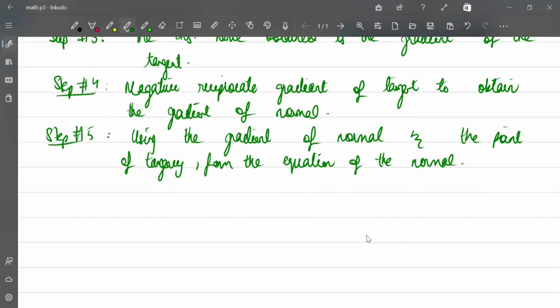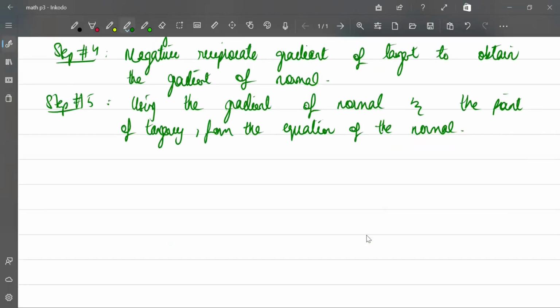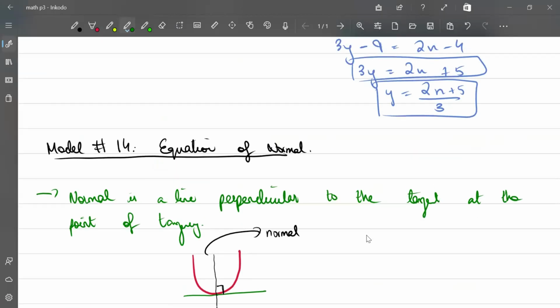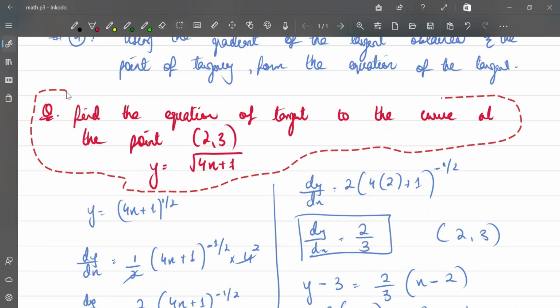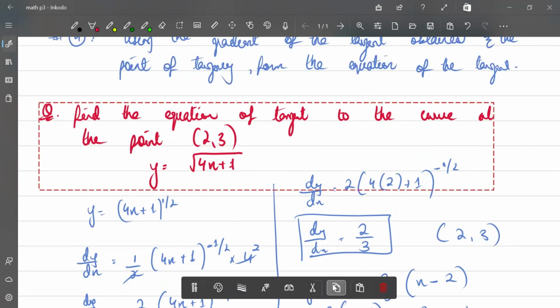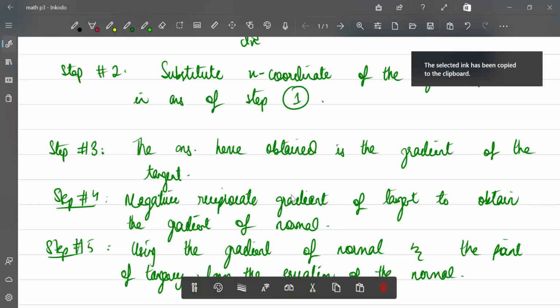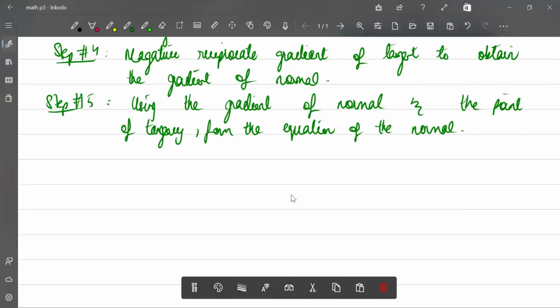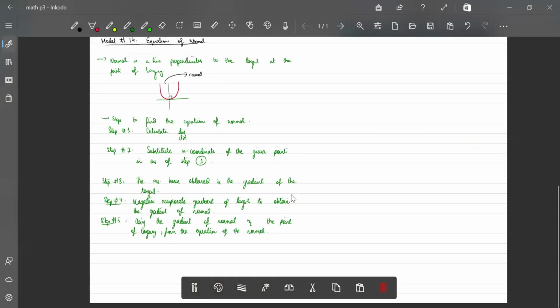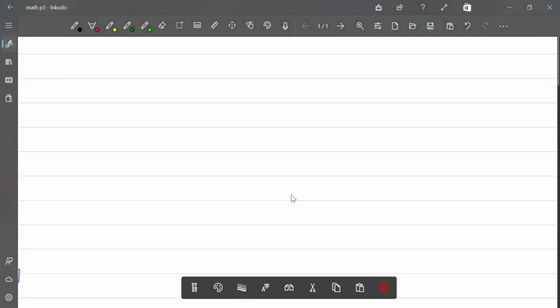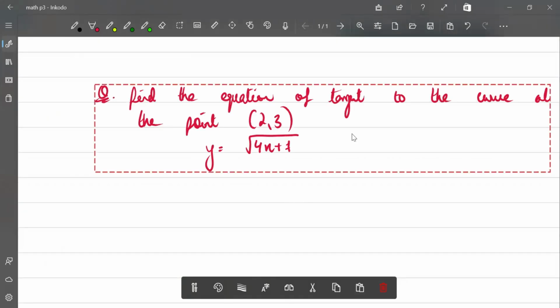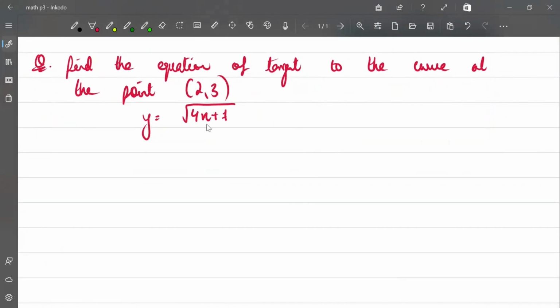All right, so let's take the previous question as an example. Let me just copy it. Let's just change it a bit.